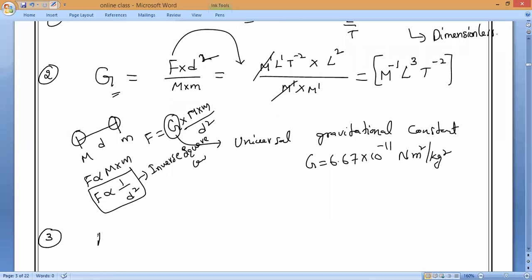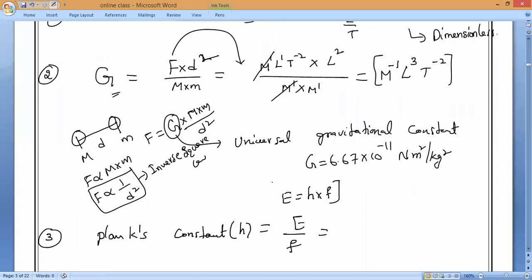Next, Planck's constant. Class 11th, you will get it. Planck's constant, which is represented with H, is equal to E by F. So H is equal to E by F. You will get E is equal to H into F, Planck's constant into F. So E by F will come. E means energy. So energy dimensions, fast. Energy and work done are both the same, just now I told you. M power 1, L power 2, T power minus 2, divided by frequency.